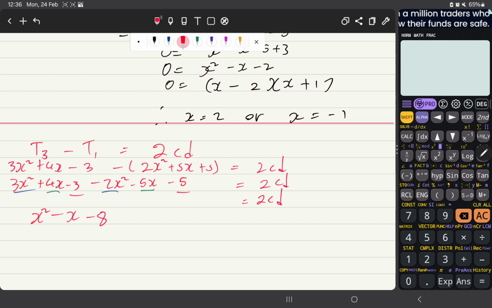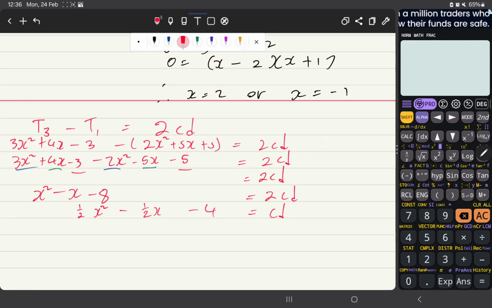This equals 2 CD. Basically saying that my CD is 1 over 2 x squared minus 1 over 2 x minus 4. That's my CD.